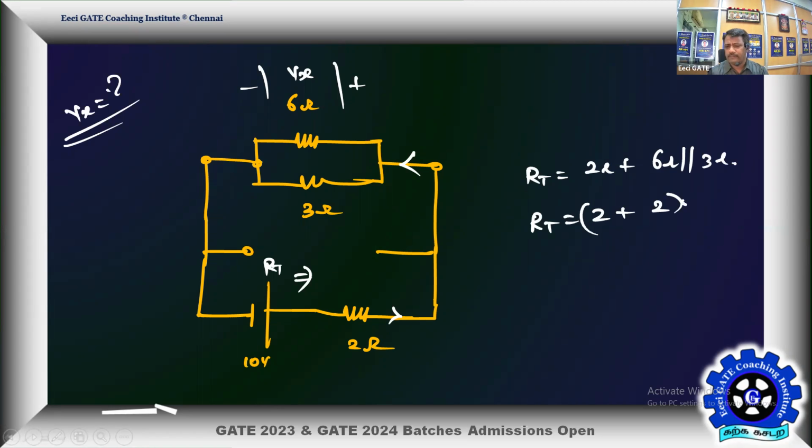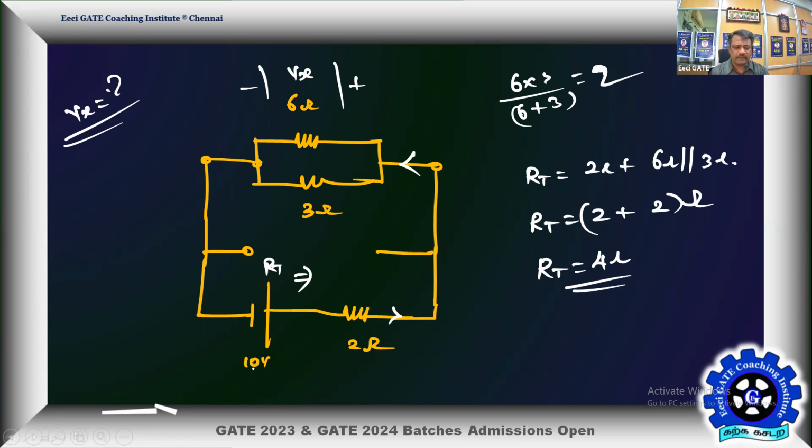If you have practiced enough, you know that number. Otherwise 6 into 3 by 6 plus 3 is 18 by 9, which is 2. So R total will be 4 ohms.